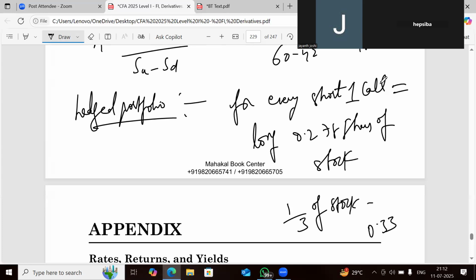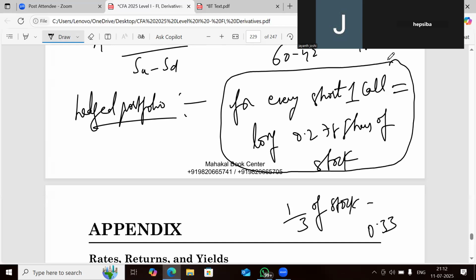That gives the exact combination to make these particular portfolios equal.